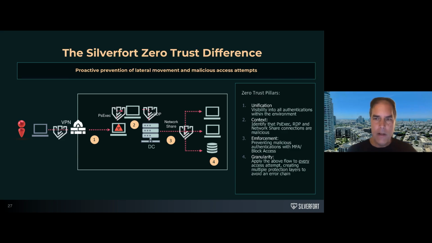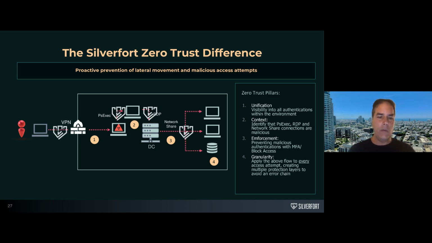That's what happened. But let's take a look at what could have happened and how it could have been prevented if there had been a solution like Silverfort in play. So first of all, let's take a look at this initial access. The attacker is using compromised credentials to authenticate to this VPN.